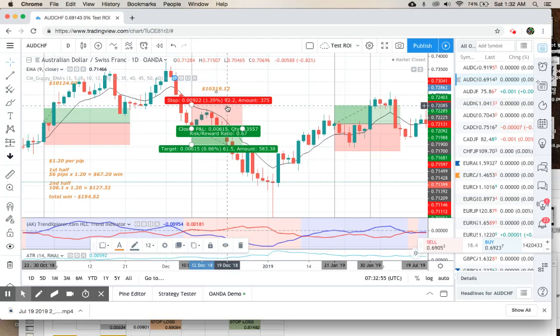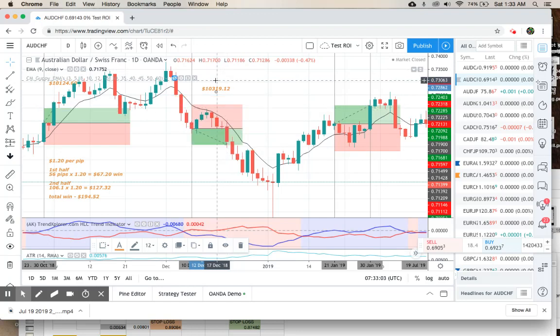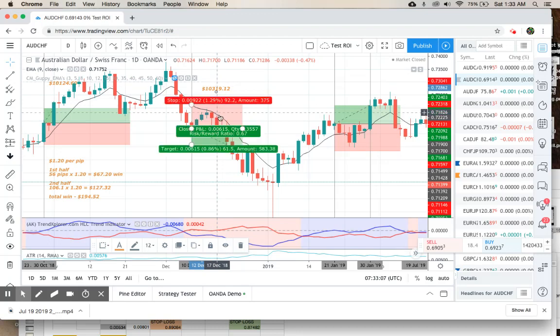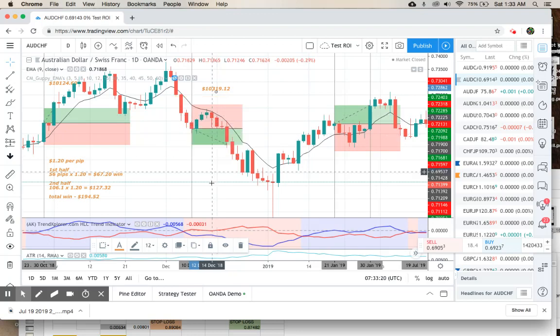We're looking at a biggest loss of 92.2 for each half of the trade. So $103.19 divided by 92.2. We're looking at $1.11919, blah blah blah. So we'll just say $1.11 per pip.